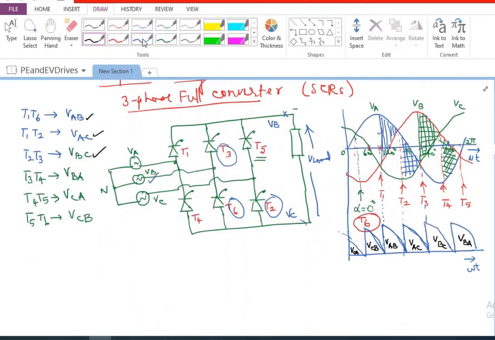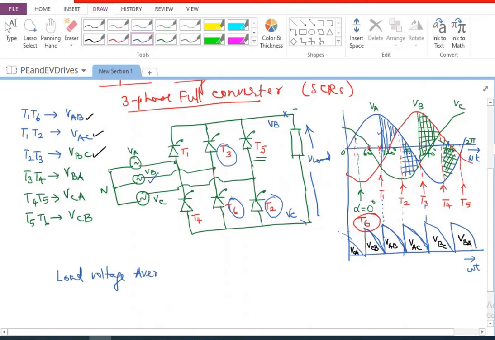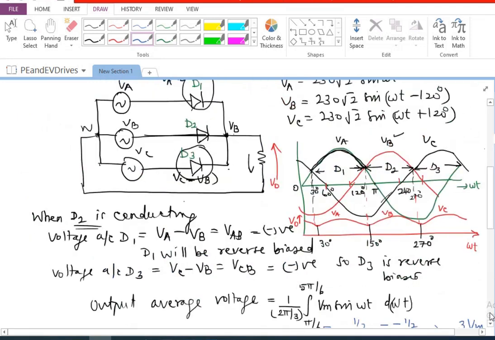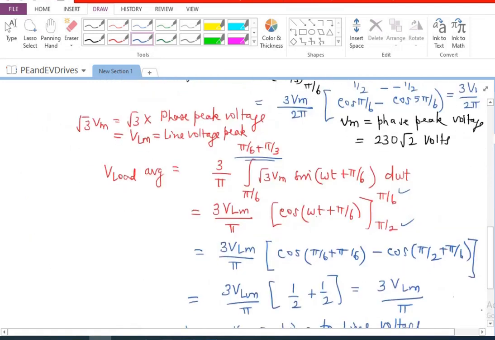So I can calculate again what is the load voltage average value. If you may recall, in the last fully controlled rectifier, full converter with diode, we said we have to start from pi by 6 to pi by 6 plus pi by 3.